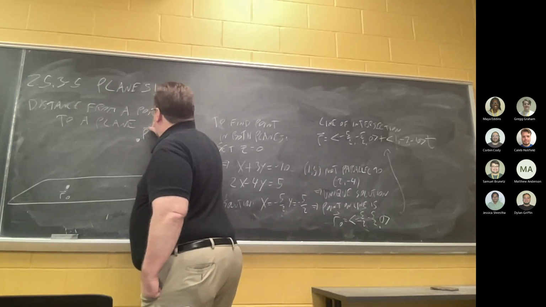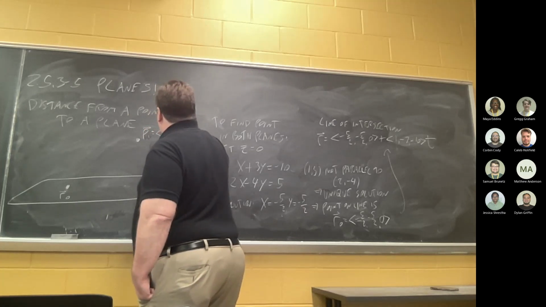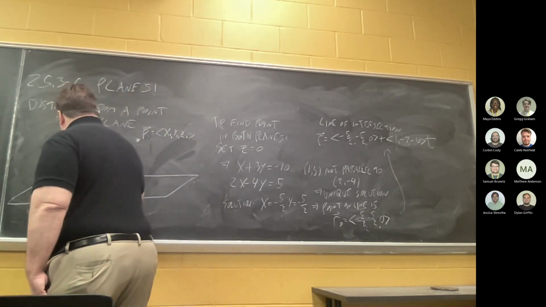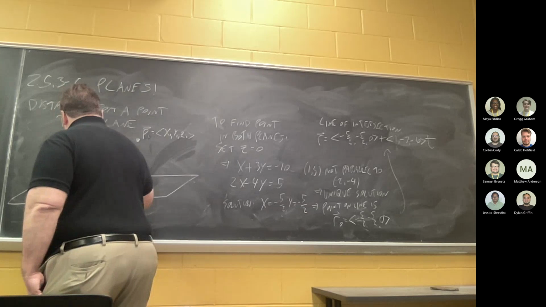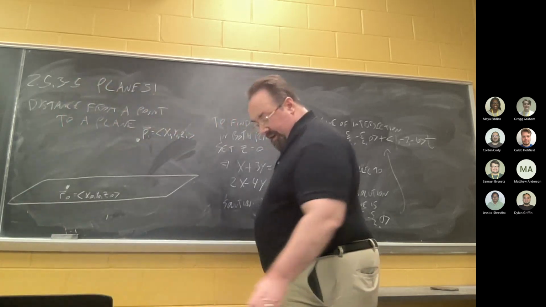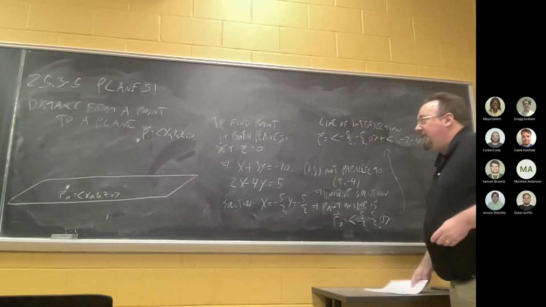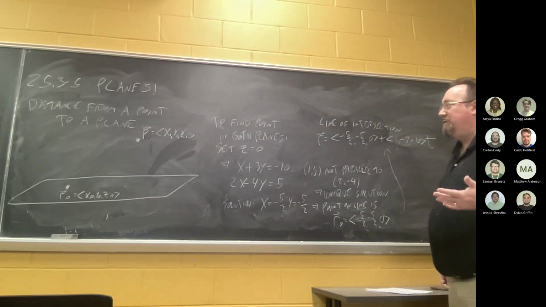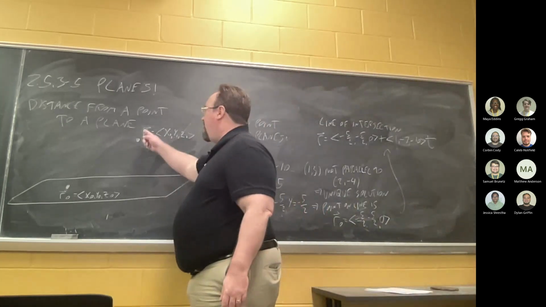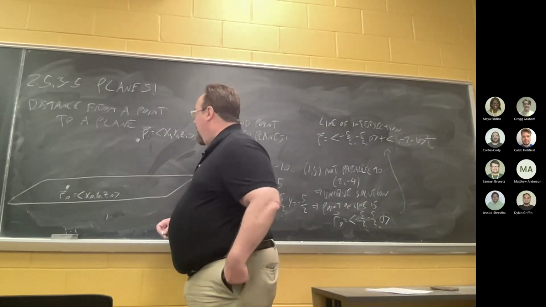You'll label that P1, which has components x1, y1, z1. And R0, a point in the plane, has components x0, y0, z0. Well, I need to explain what I mean by distance from a point to a plane: the shortest distance from a point to any other point in the plane.